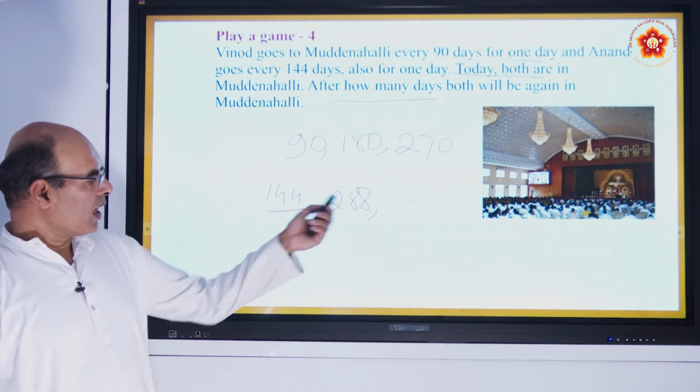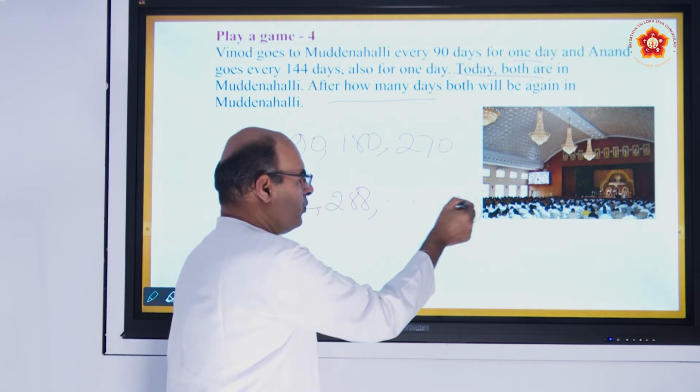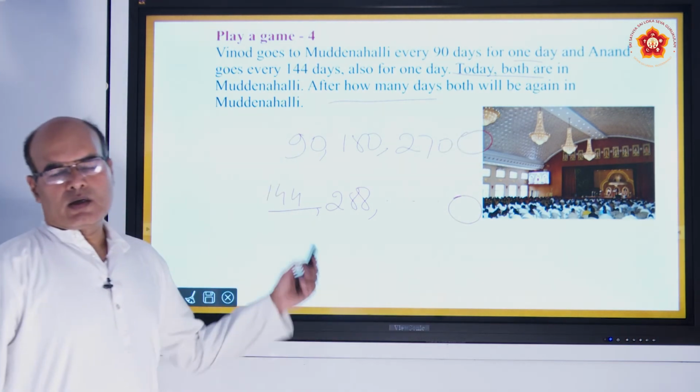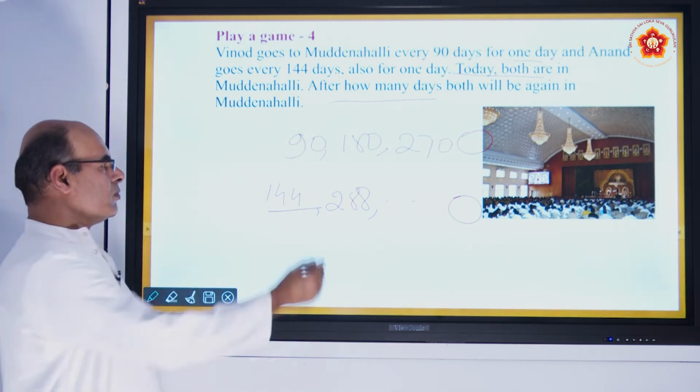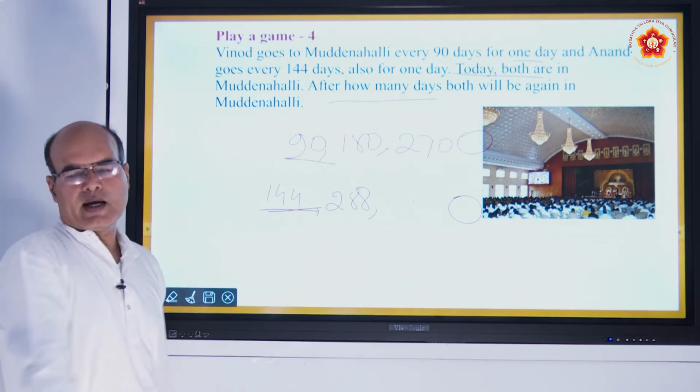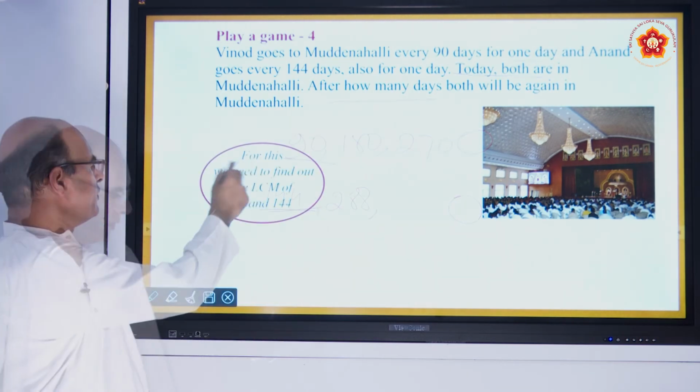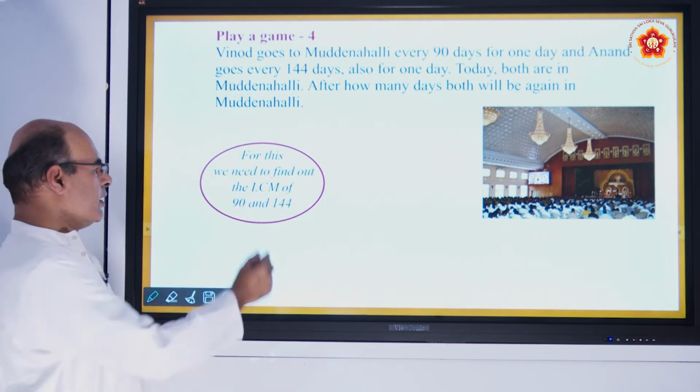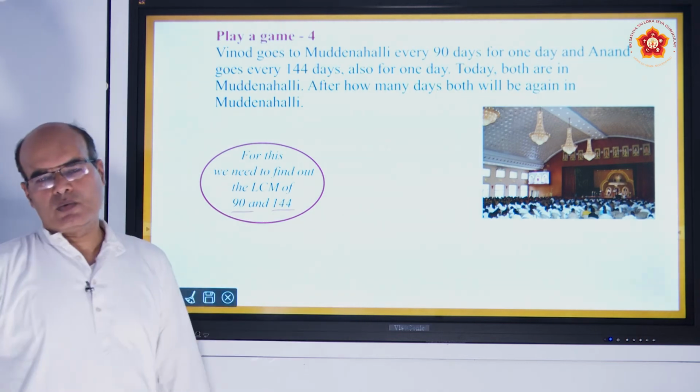That means we have to take a number which is a common multiple of both 90 and 144. For this we need to find the LCM of 90 and 144.